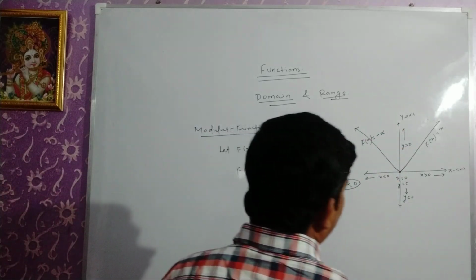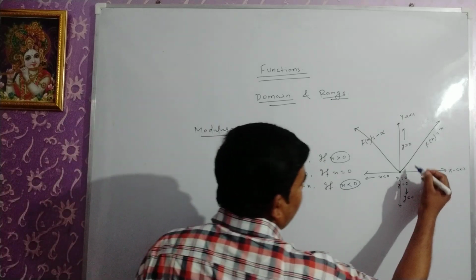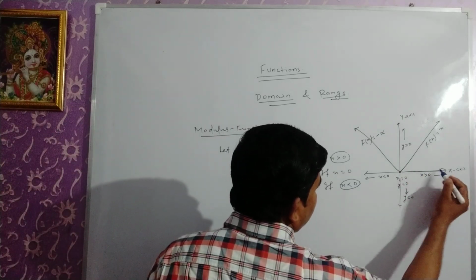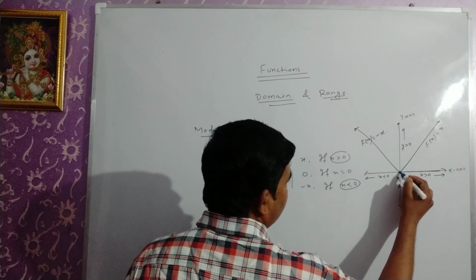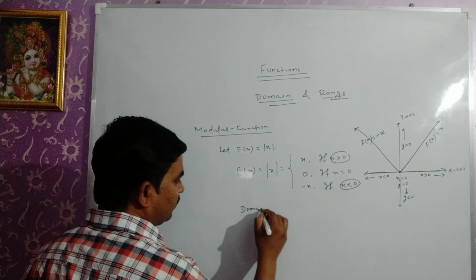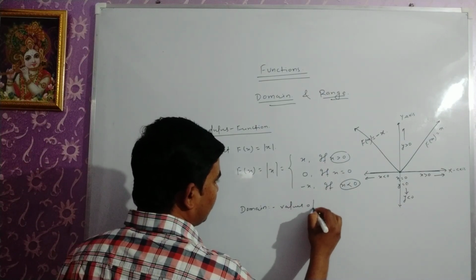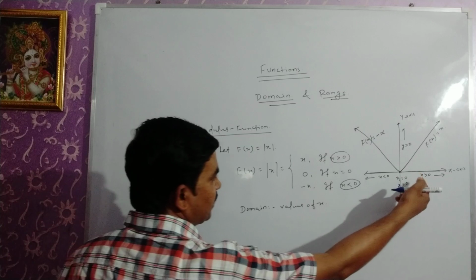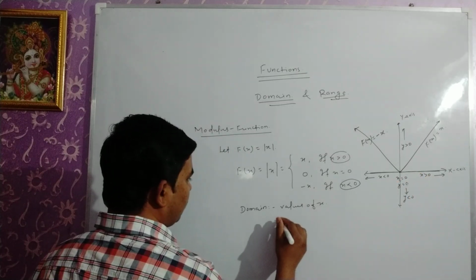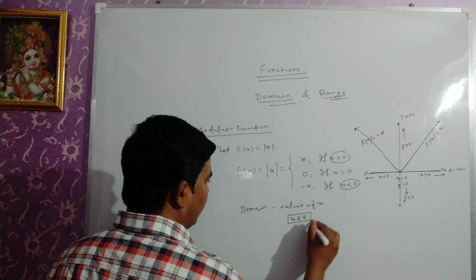So completely from this figure it is clear that x is either greater than 0, equal to 0, or less than 0. It means that for the domain of this function, we write the values of x. The values of x are less than 0, greater than 0 or equal to 0, hence x belongs to R. This is the domain.